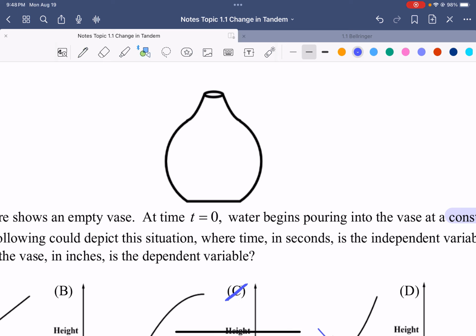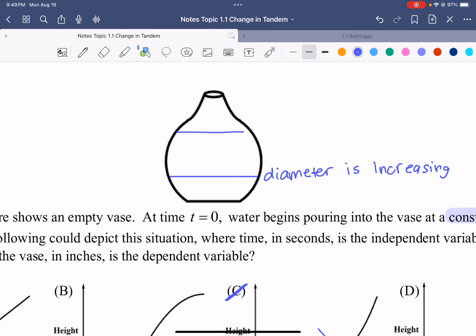So you can see that the base starts off kind of narrow and then it gets bigger. So at this point, we can say that the diameter is increasing. And then as you keep going, you'll see that the diameter is decreasing.